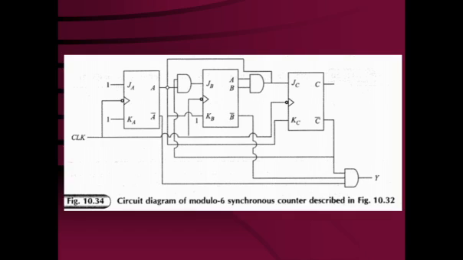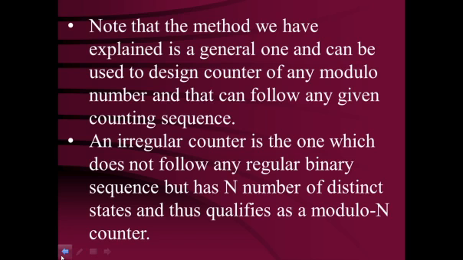So you can see that what we have put here is J equal to 1 and K equal to 1. They will be connected to VCC. That's all. So this is the requirement of the A flip-flop. What is the requirement of the other flip-flops? That equation we have already obtained. You can see here.